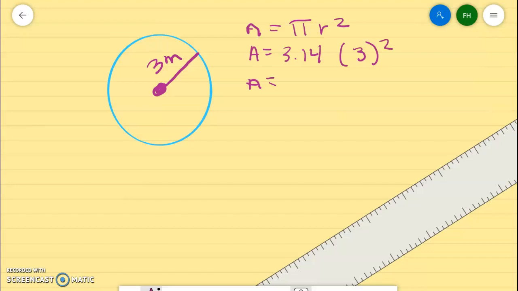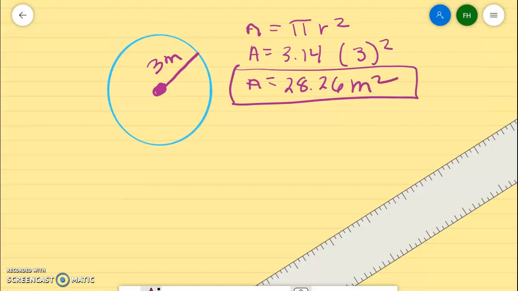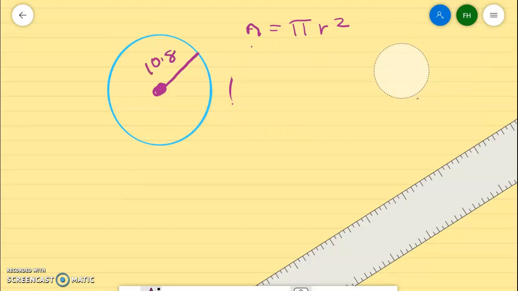So you're going to do 3 squared, which is 9, and your area is going to be 28.26 square meters. So that's how much material I would need for my pool cover. The next problem is 10.8, and it's basically worked the same way because we're given the radius again.